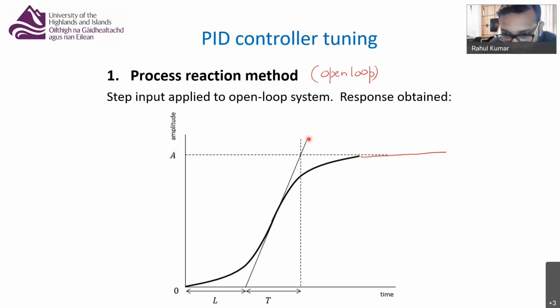Okay, the slope of this middle section. So slope can be measured by drawing the line touching this curve, right? So we try to find the slope of this middle section. So from here to here.